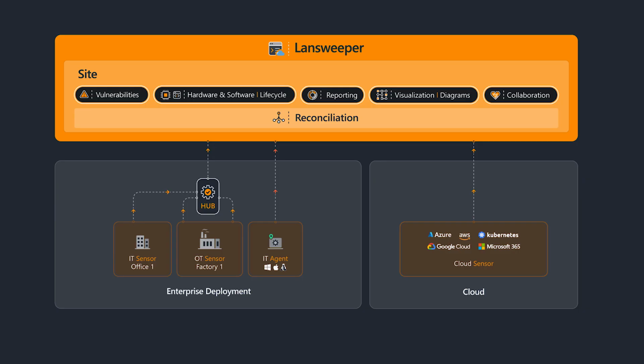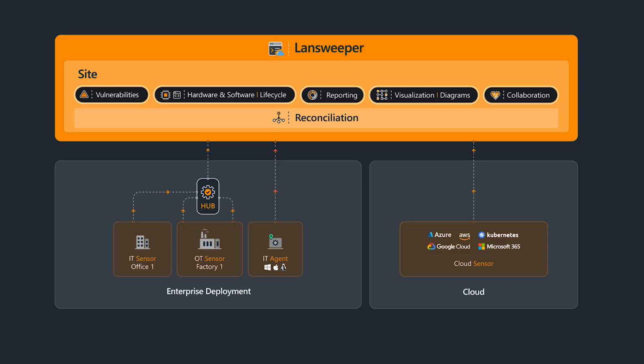Another reason why you might want to use multiple hubs for a specific deployment of Lansweeper. Now, MSPs can also obviously use Lansweeper. They can use this model as well in order to deploy a hub per customer. They can have a full separate deployment per customer and manage it all centrally depending on however they like to operate.